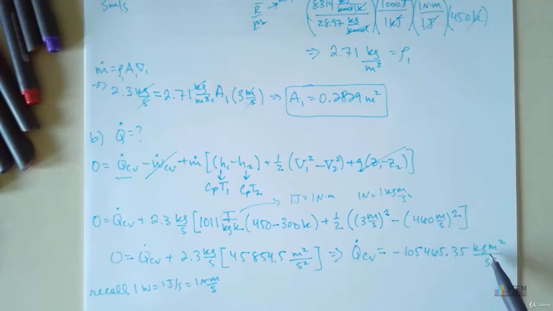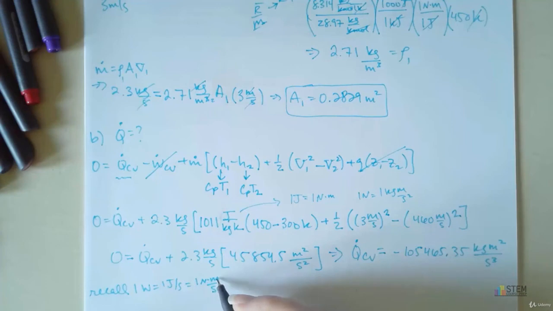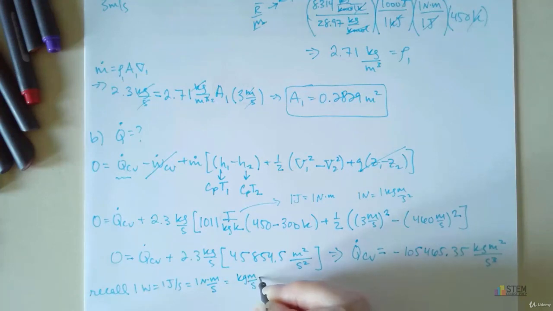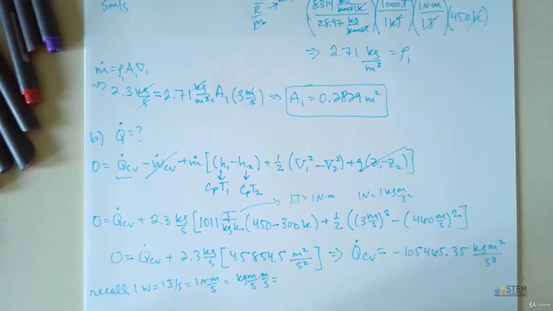Now look at what we've got here. If we've got a Newton meter per second, that means we're going to have kilogram meter per second times meter per second. All right. Whoops, I'm forgetting one here. That's squared. So the Newton is kilogram meter per second squared.